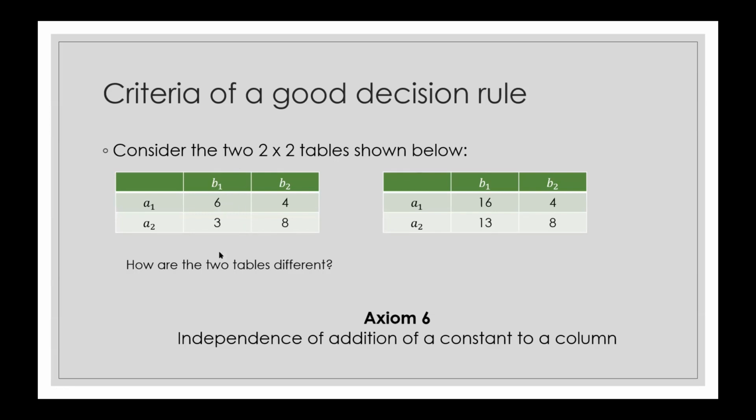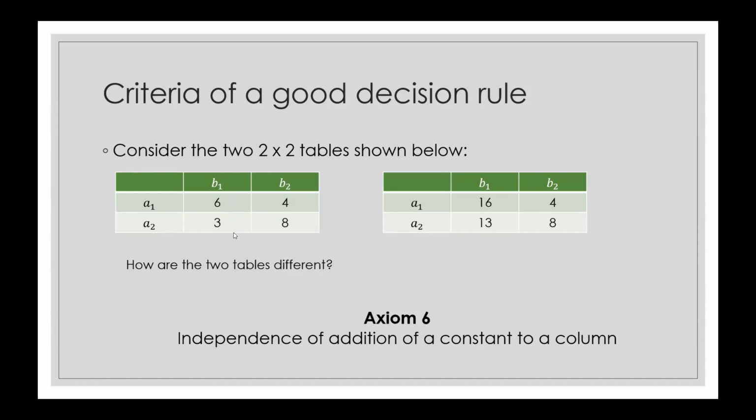Now, our idea is that even if we add a constant to one column, it should not affect our choice, because we are adding the constant on the column and not on the row. It is the same increase for both actions. So even if we add a constant here, and we actually prefer action A1, the addition of plus 10 will not shift our choice from A1 to A2.